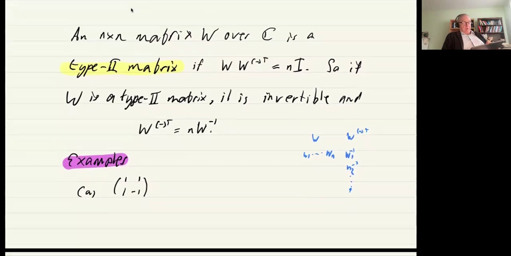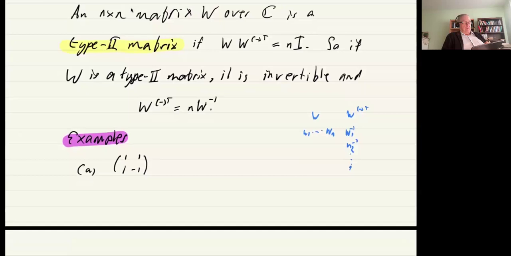Okay, so examples. Well, I suppose for the 1 by 1 matrix, you could take 1 as an example, but let's be not quite that trivial. So this 2 by 2 matrix is a type 2 matrix. You can go and check the definition, or you can cross your fingers and wait till we prove that flat unitary matrices are type 2. So this is actually a Hadamard matrix, and any Hadamard matrix is going to be a type 2 matrix.